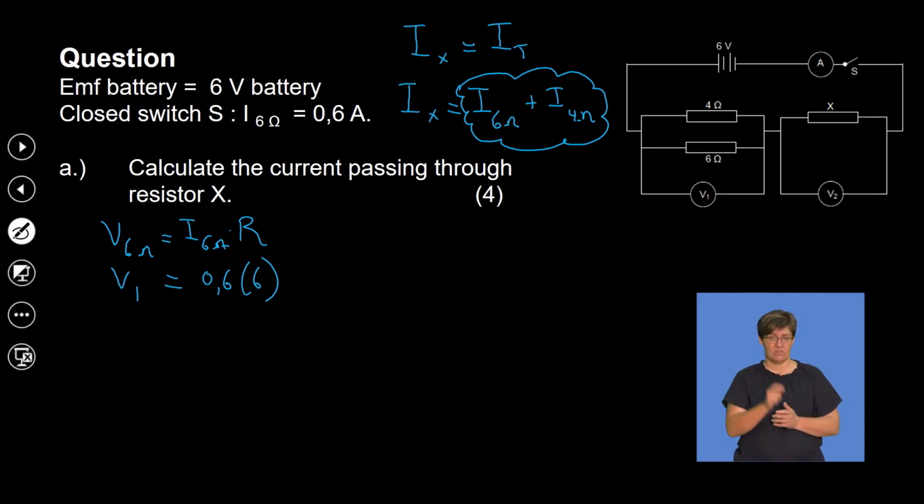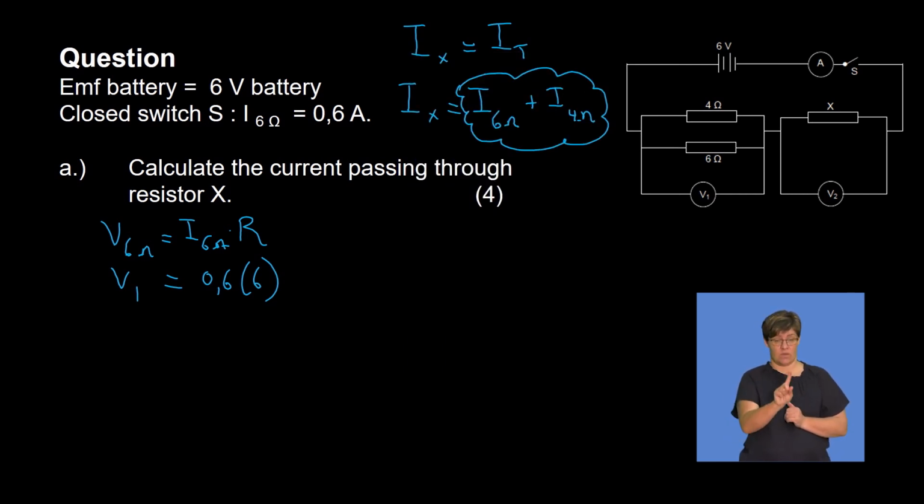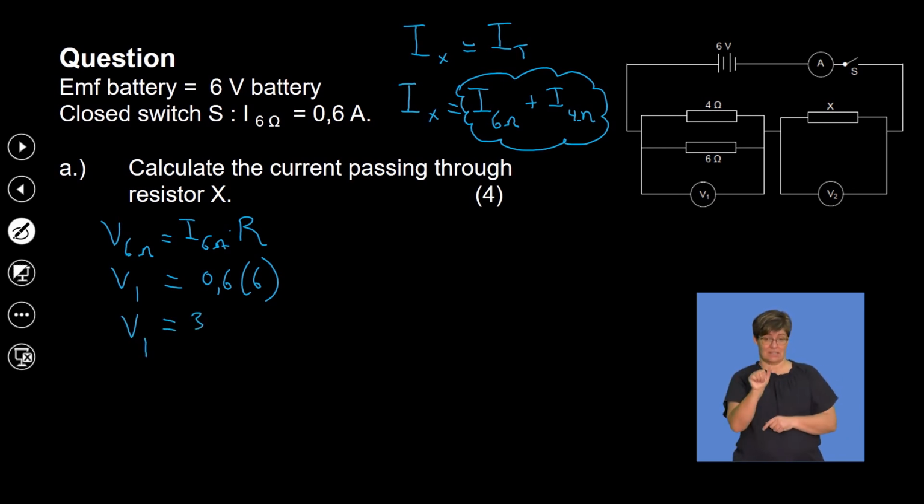If we go to our calculator, 0.6 multiplied by 6 gives us 3.6 volts. So V1 is equal to 3.6 volts. In other words, V across 4 ohms is the same as V across 6 ohms, which is V1. Now we can find the current that goes through 4 ohms.